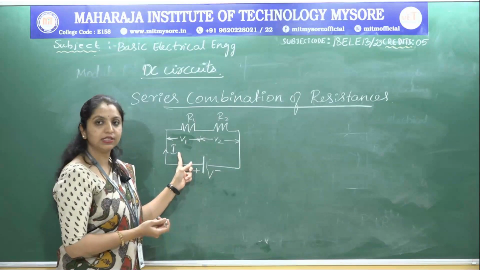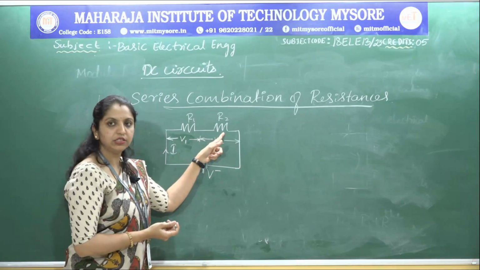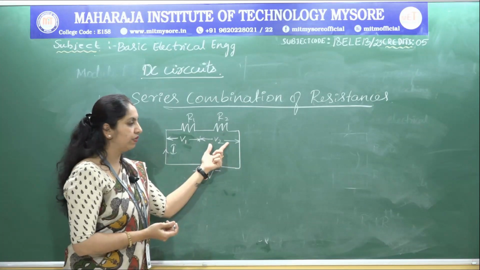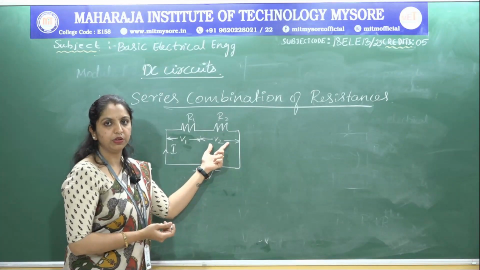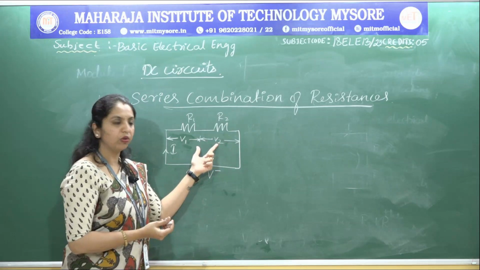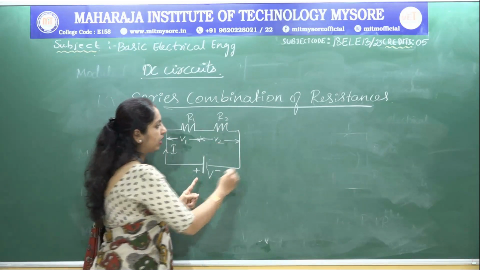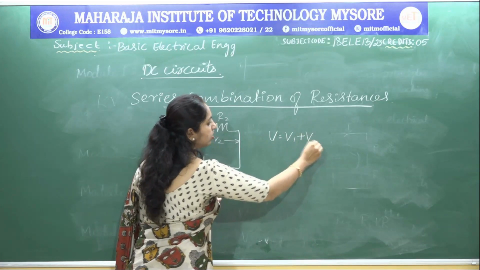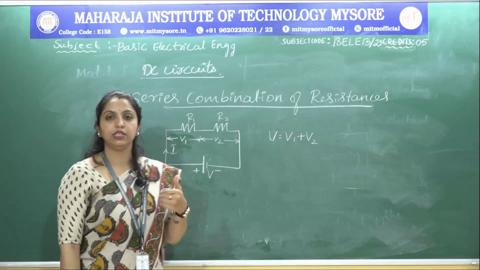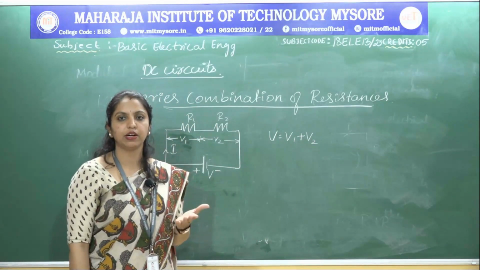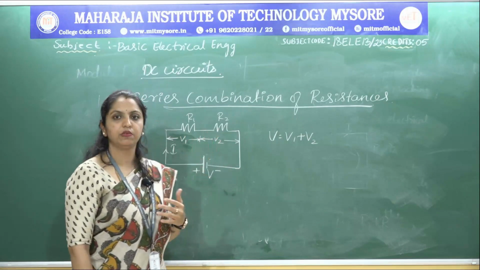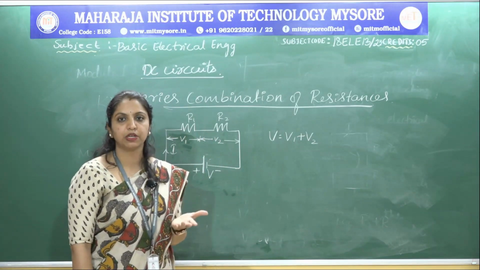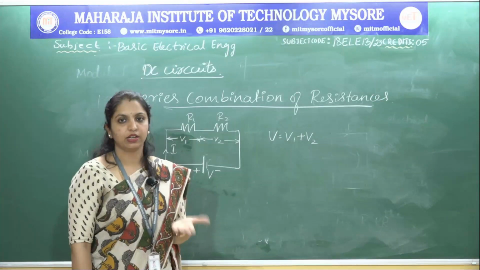Even when the same current flows through the resistor R2, you will get a different voltage, we call it V2. So remember, finally we can have V is equal to V1 plus V2. So remember voltage gets divided in a series combination of resistances, based on the resistor.